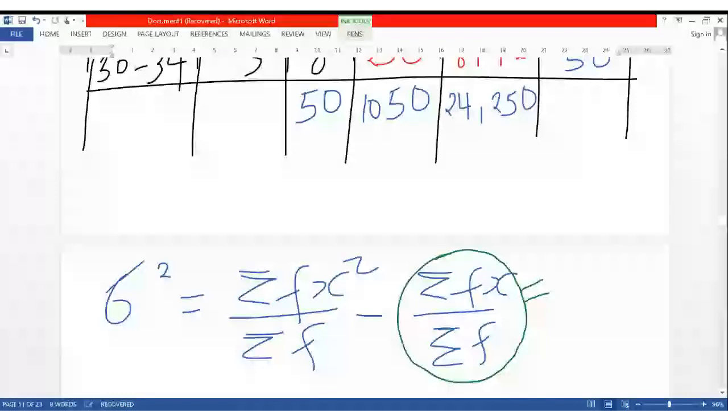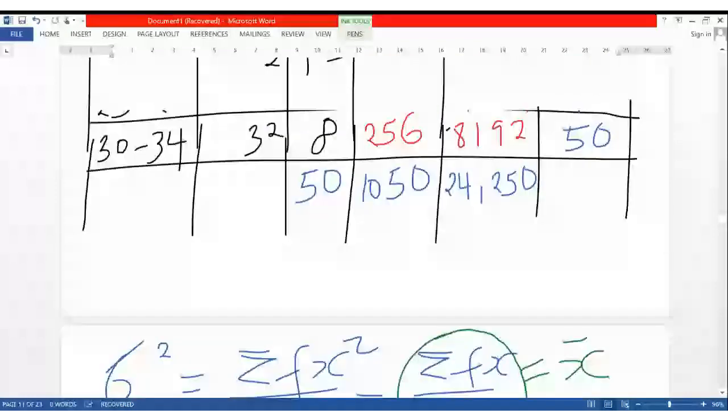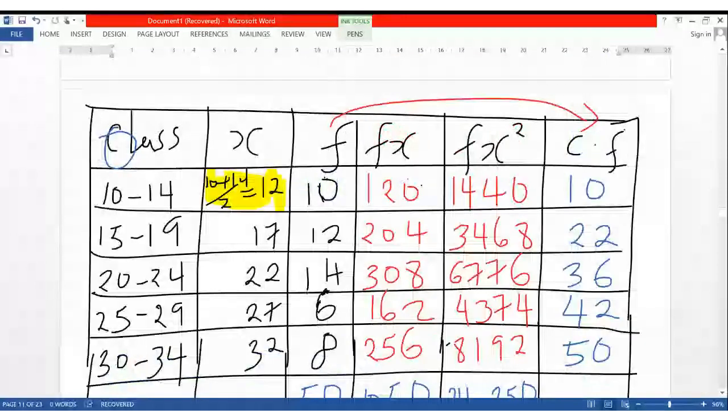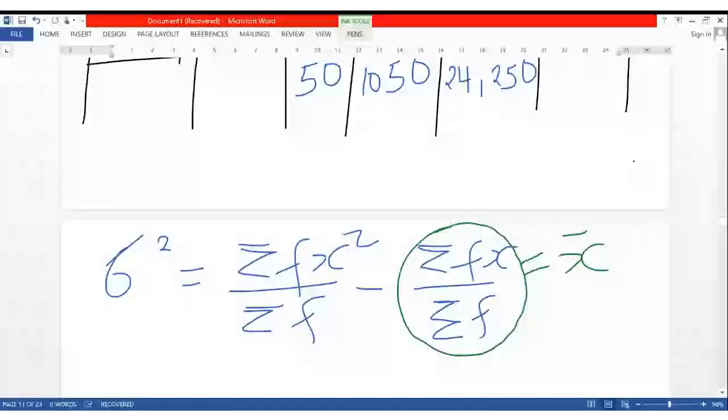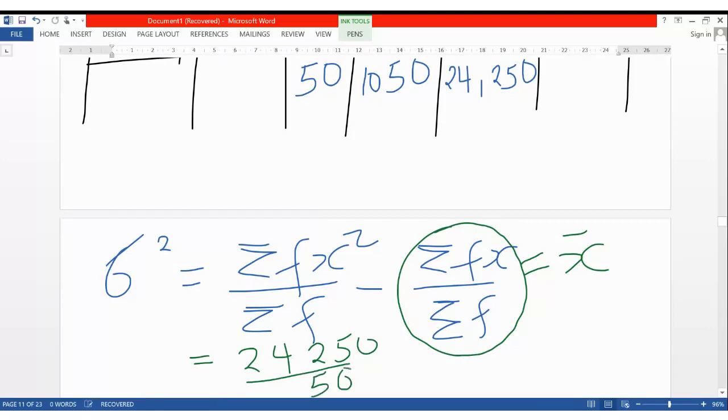So this one will be given by 24250 over 50. Our total frequency was 50, minus 1050, again the total frequency is 50. Do that one correctly.